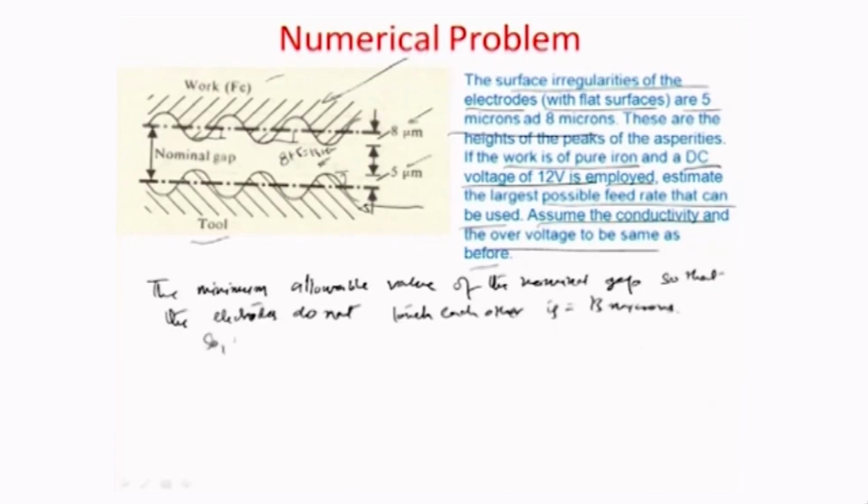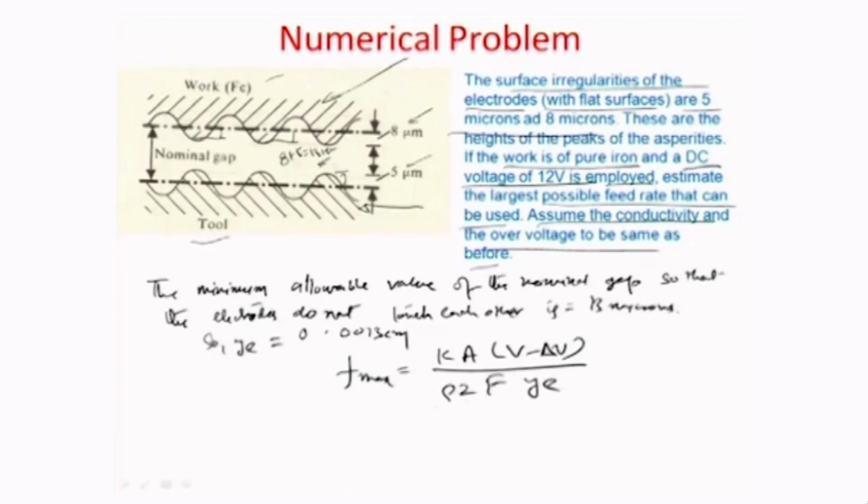Typically the YE value in centimeters is 0.0013 centimeters. The corresponding feed rate F is again given by the equation Ka times V minus delta V divided by rho Z Faraday constant times the equilibrium gap. We know pretty much everything.